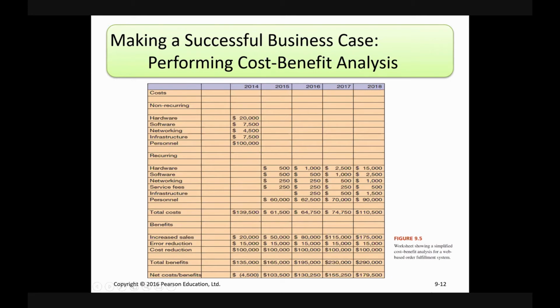This sheet is actually for a web-based order fulfillment system. There's one system they want to purchase related to orders, so they analyzed the cost and benefit. This would be the cost, this would be the benefit. Okay?